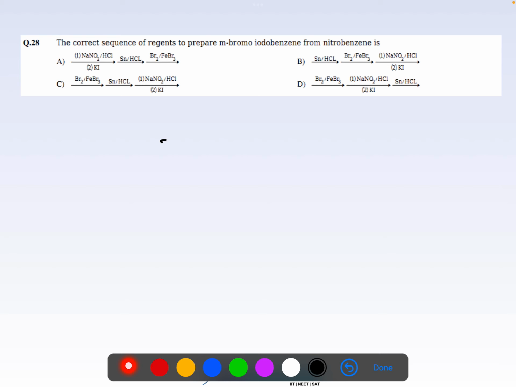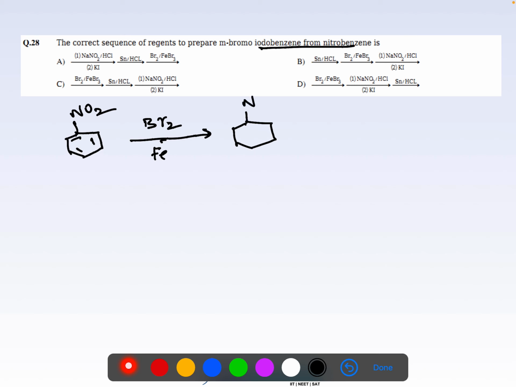Here, the correct sequence of reagents to prepare meta-bromoiodobenzene from nitrobenzene. So this is nitrobenzene. Here nitrobenzene is first treated with bromine in the presence of iron. It will first give meta-bromonitrobenzene because the nitro group is a -M group. It will direct the electrophile to the meta position.